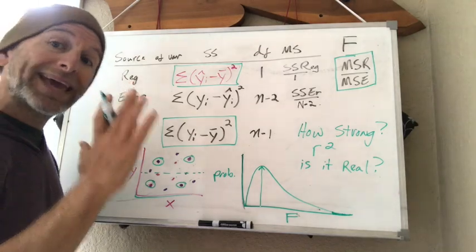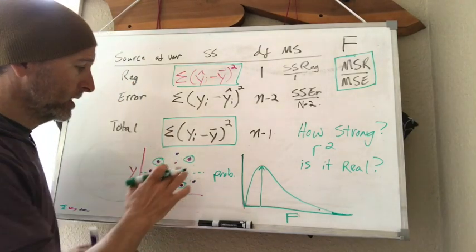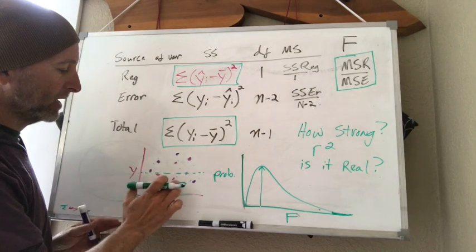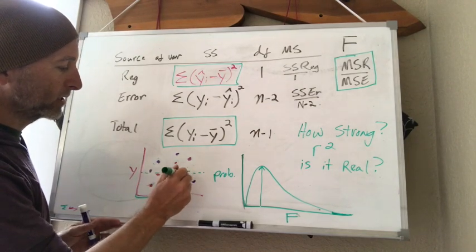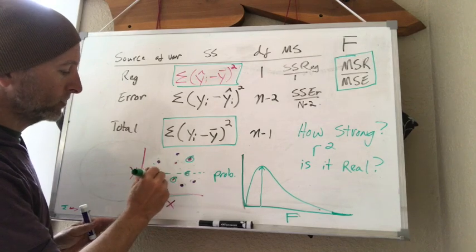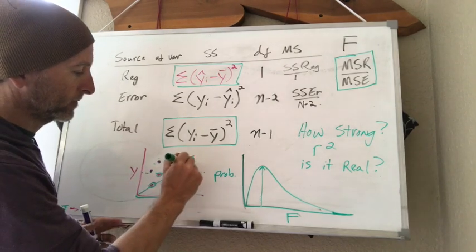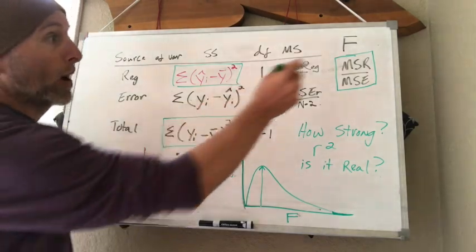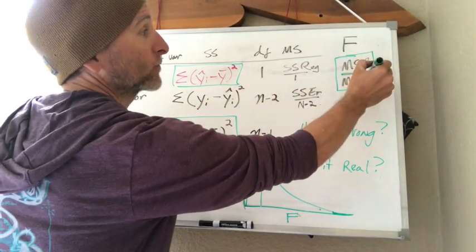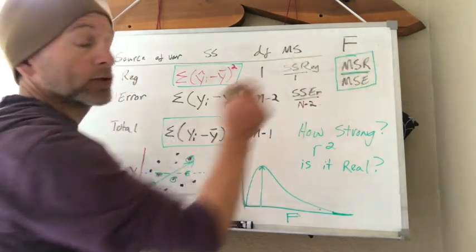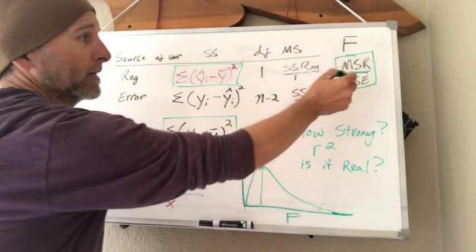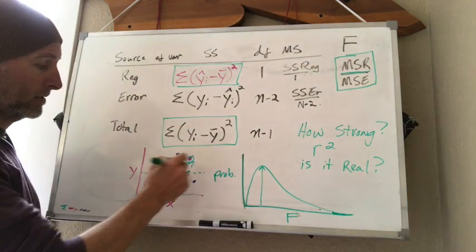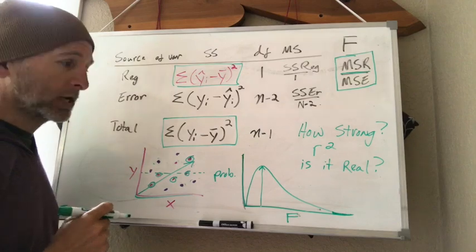But occasionally, just occasionally, you're going to accidentally do a random sample, and you're going to end up randomly sampling points in such a way that you get a line that deviates from the mean by quite a bit. When that happens, we end up with a high MSR. We end up with a relatively low MSE, close fit of those points to the line itself.